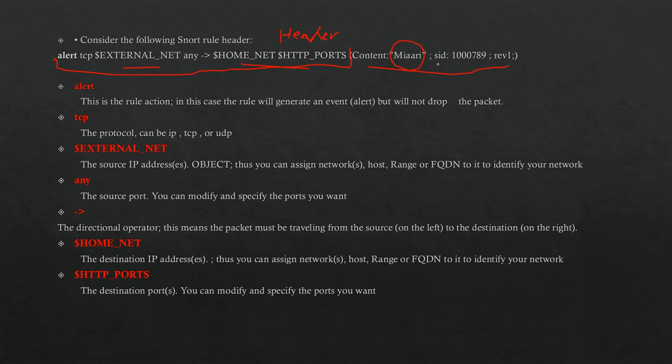The SID is called Snort ID or signature ID. You know that IPS is working per signature. Actually, it's working in two types. Signature is the same concept as the antivirus.